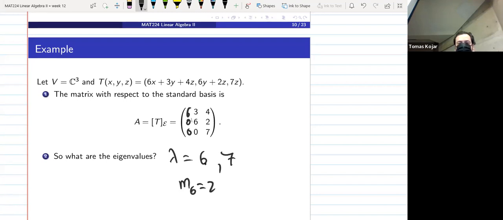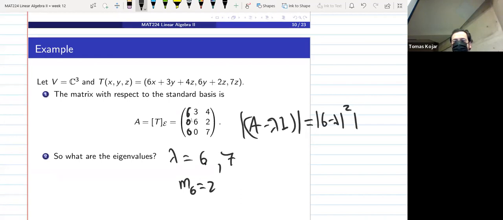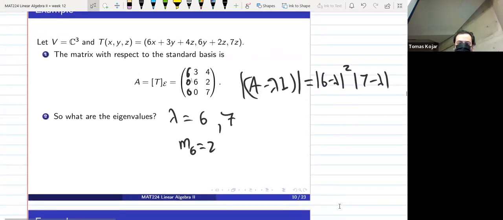Yeah, so if you take the determinant of A minus lambda I, you will get 6 minus lambda squared and 7 minus lambda. Yeah, the multiplicity of 7 is 1.